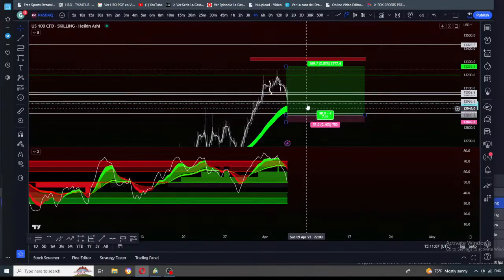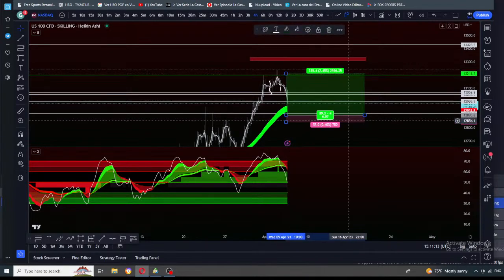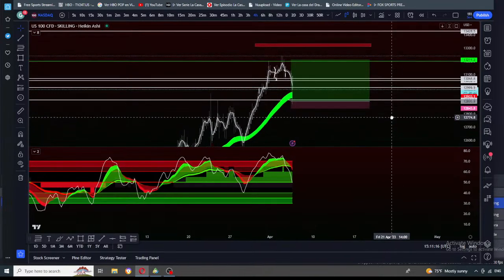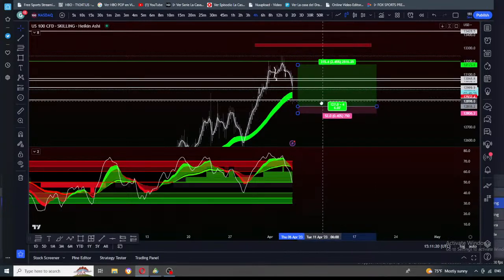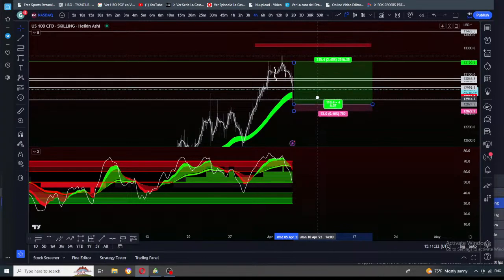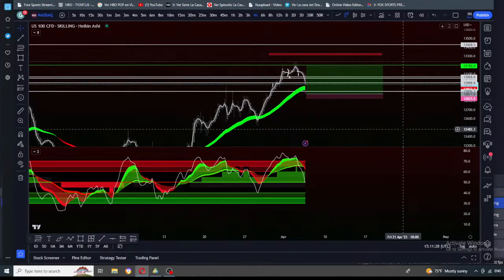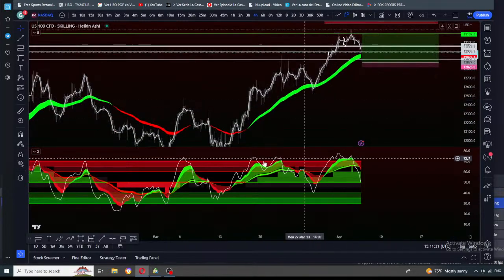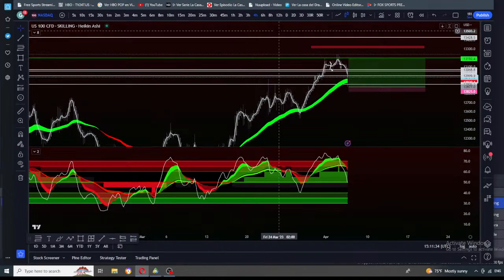I want to get something like that, at least around here. You know, 5 or 6R somewhere. I have to go down to the lower time frame and see where I could possibly get in for a big move back up. Will it work? Maybe. I say why not? It looks good. Looks good for a bounce, at least on the 4 hour.